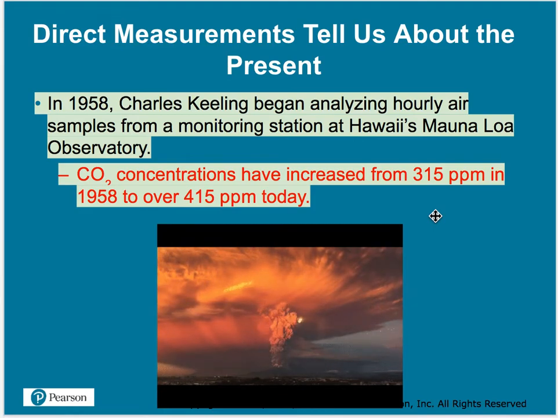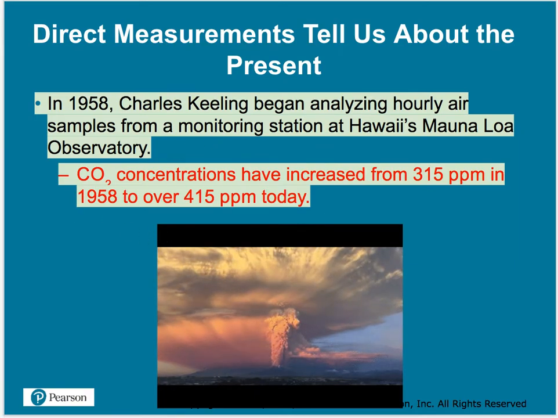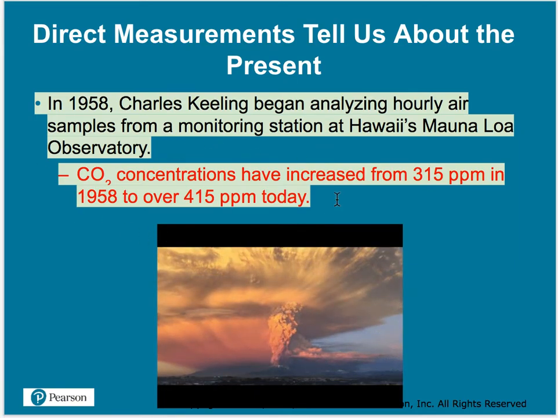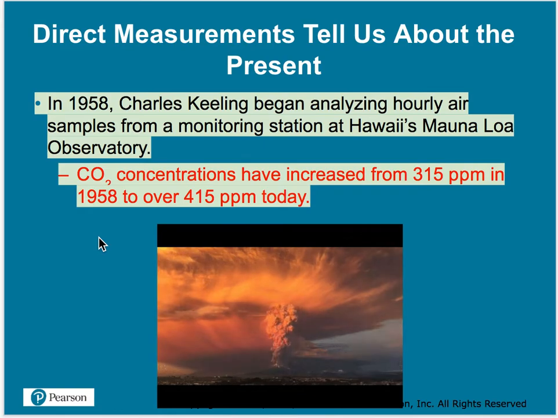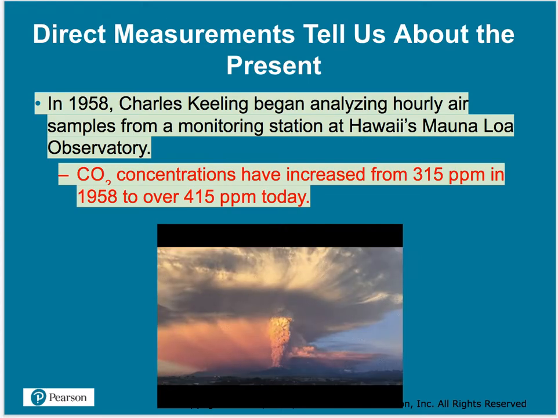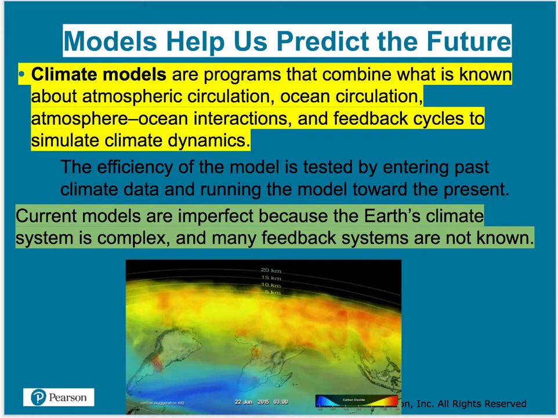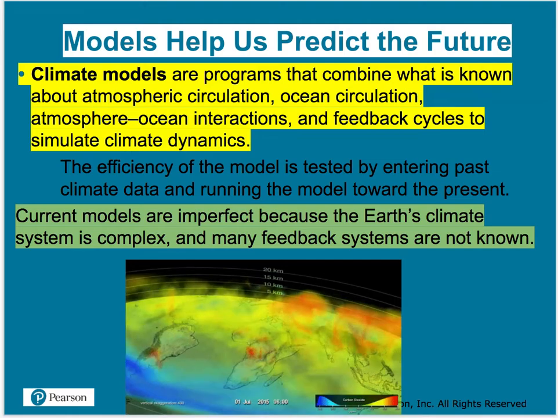It is out in the middle of the island and far away from everything else, and that has been studied greatly because of the fresh air that's there. And we can see from that data that carbon dioxide concentrations have increased from about 315 parts per million in the 1950s to 415 today. So we've increased by about 100 parts per million in about 70 years.